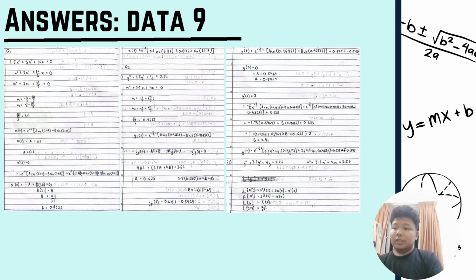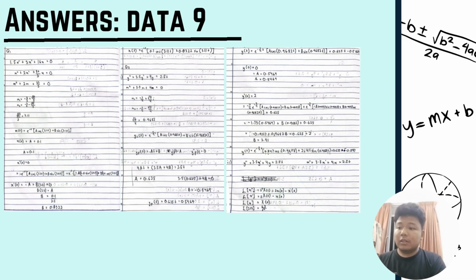When y(0) is equal to 0, we get that a is equal to 0.5469. y prime (0) is equal to 2. So plug in the equation and plug in the values, so we can get b is equal to 2.41.